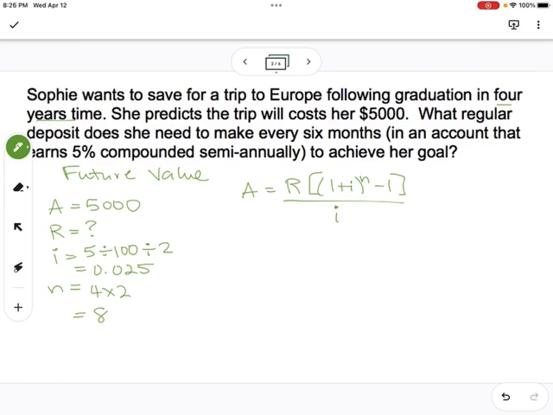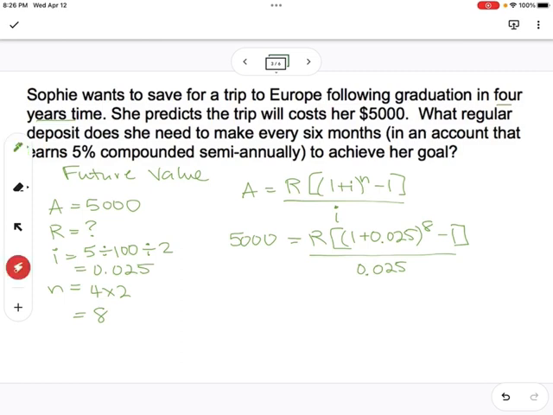So we can put in all the values that we know. Our A is 5,000. Our R we don't know. And (1 plus 0.025) to the exponent 8 minus 1, and that's over 0.025. Okay, so the first thing we can do is move this divide by 0.025 to the other side and multiply it.